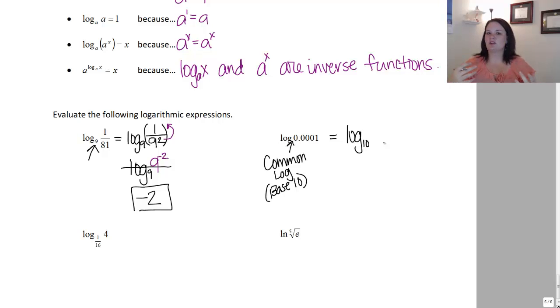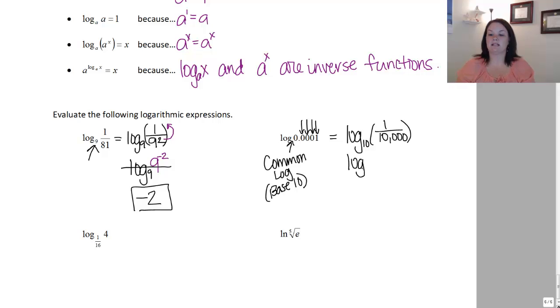Okay, if you're not good with going from 10 to some power in decimal places, I'm going to go back old school and count it out and write it as a fraction. So remember, our first decimal places are tenths, then hundredths, then thousandths, then 10,000ths. So right now I have 1/10,000th. Okay, now 10,000 I can write as 10 to some power.